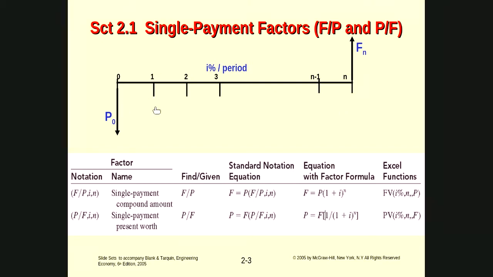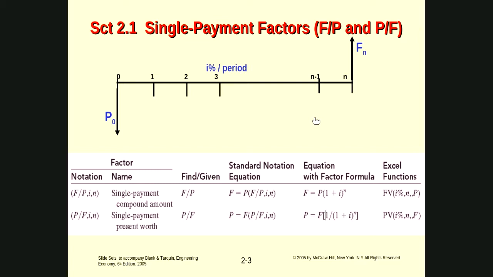For example, if I have the value of money here at year 1, I may ask you to find it for me at year, let's say, 10. On the other hand, the value could be at year 20, and I may ask you to find it at year 1, and so on.